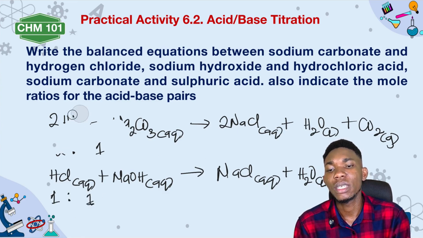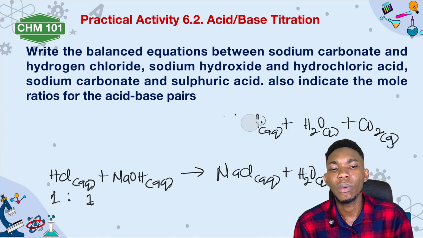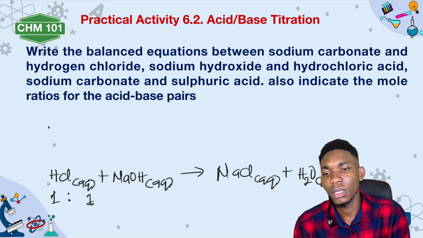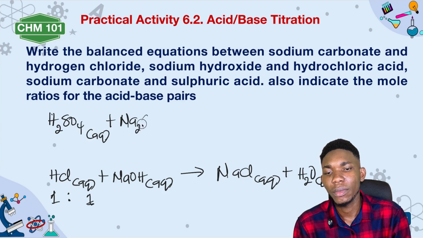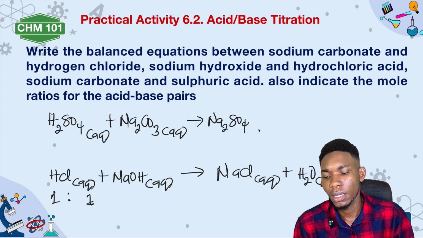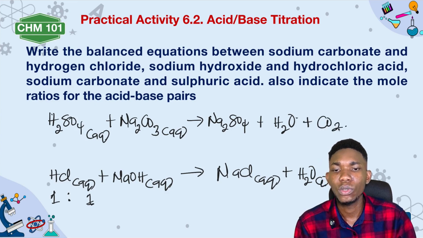And then the last one is H2SO4 and sodium bicarbonate. All right? What do you think that one will be? So we have H2SO4 aqueous, sodium bicarbonate aqueous, to give us sodium sulfate plus H2O plus CO2.